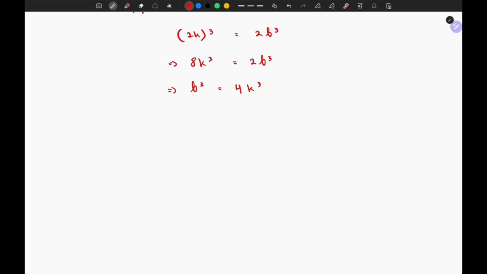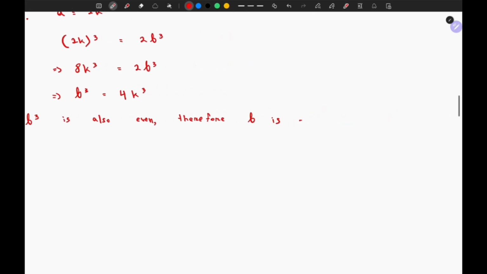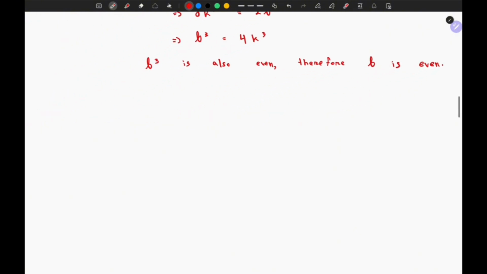Therefore, b is also even. So this is the mathematical part of the contradiction.